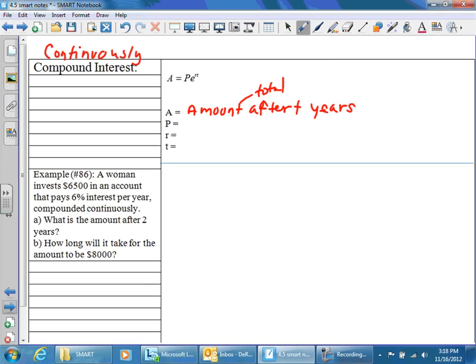P is your principal or your initial amount. R is your interest rate. And T is your time in years. So whenever you're dealing with money, this is always in years. If you're not dealing with money, then it can be in something else.